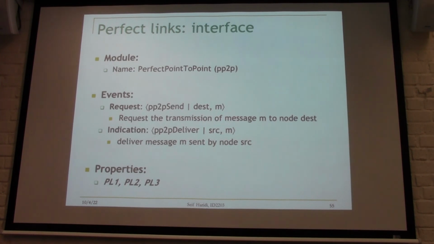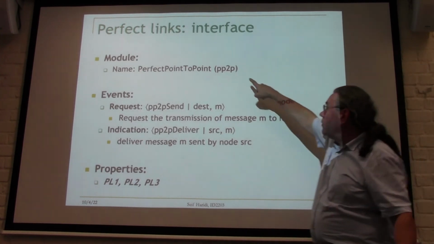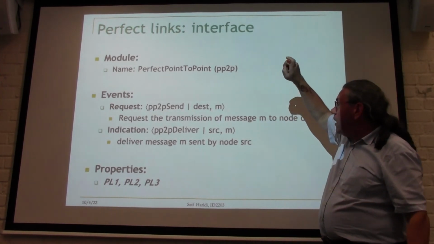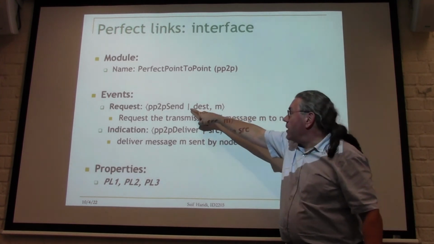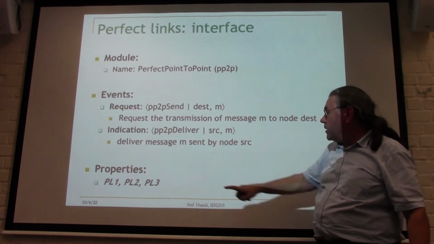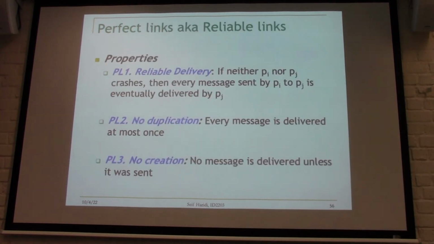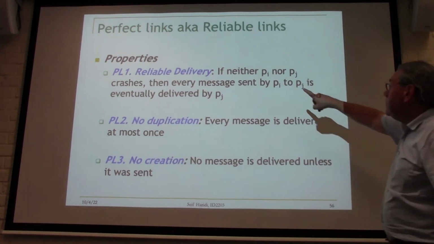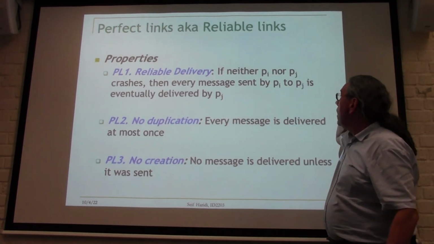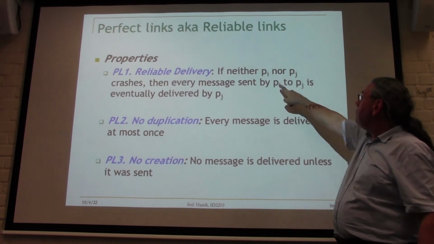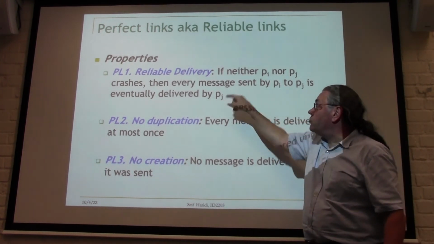So that's this one, and it's going to use the stubborn links. This one is called perfect point-to-point, okay? It is going to have a send and a deliver, and it has 3 properties. See how we're doing it? We're always defining properties. Reliable delivery: if neither PI or PJ crashes, every message sent to PJ is eventually delivered.